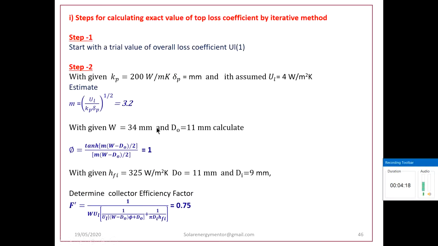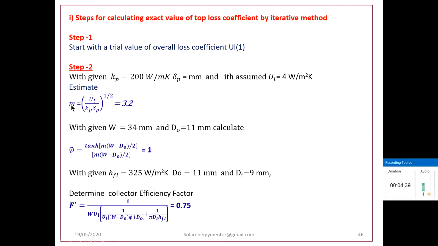So these values will be in all trial values, corresponding to overall heat loss coefficient 4. Now with given value of W, tube spacing, DO, outer diameter of the tube, we can calculate the fin effectiveness using this expression.